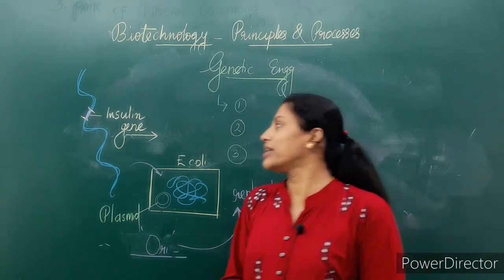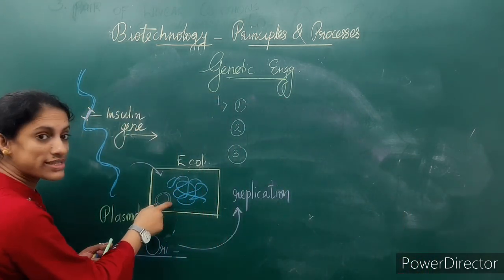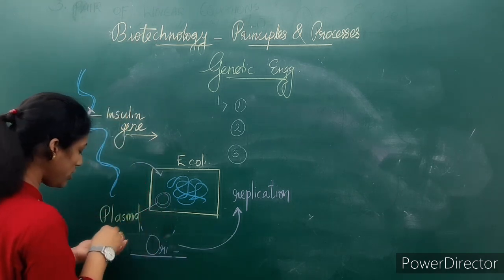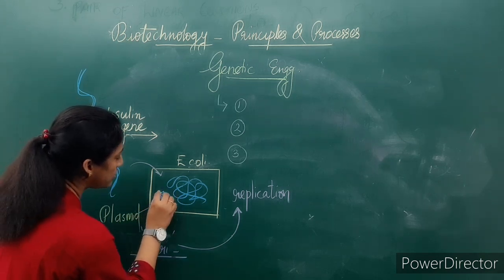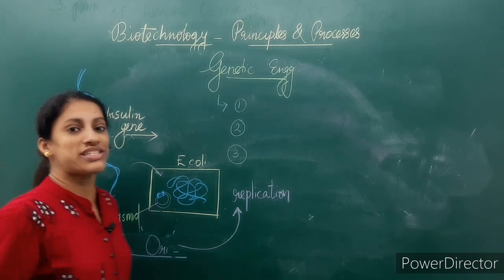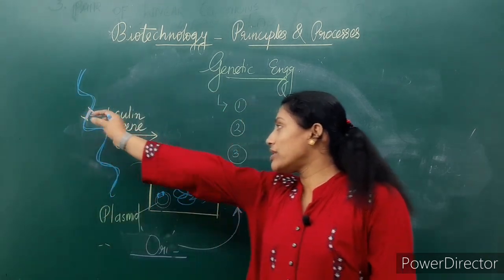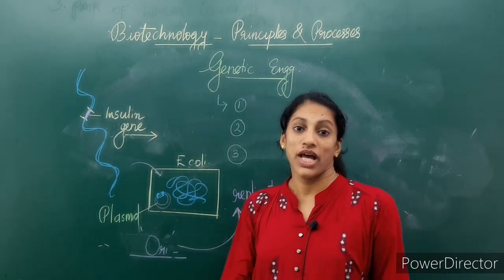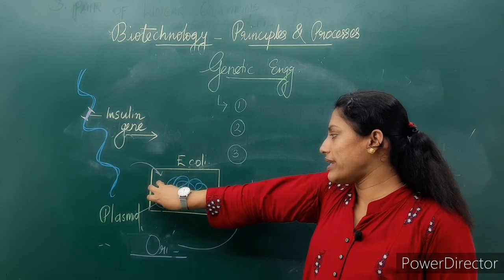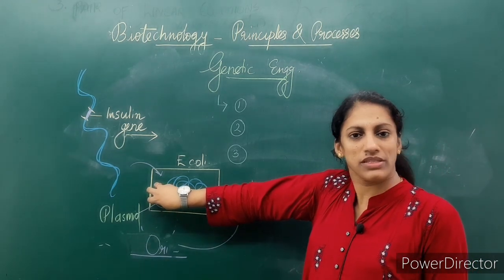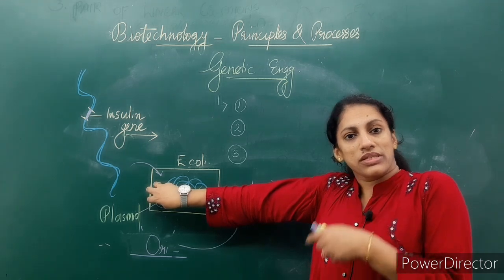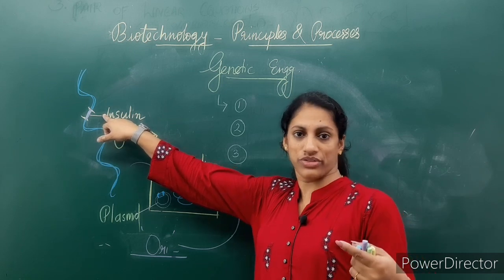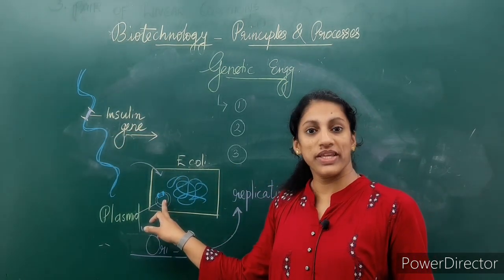Anyway, just understand, we do this not inside the cell; we will discuss it later. If we incorporate the insulin gene into this particular plasmid, what is the status of it now? See, the insulin gene we have isolated and introduced into the plasmid. Now that is a DNA, a circular DNA. Plasmid is a circular DNA, and it now has an alien piece which we have introduced. So this is known as recombinant.